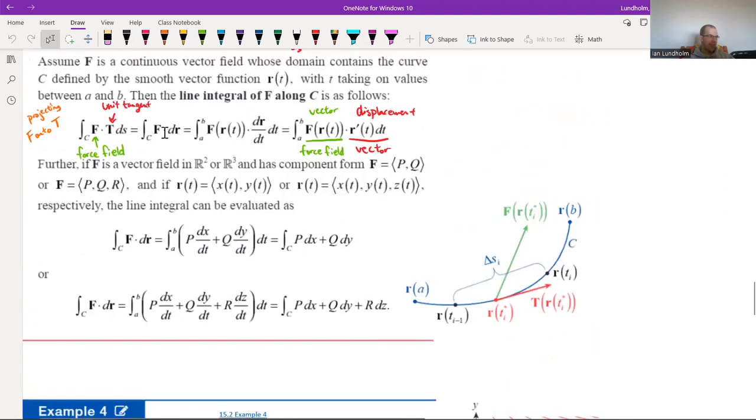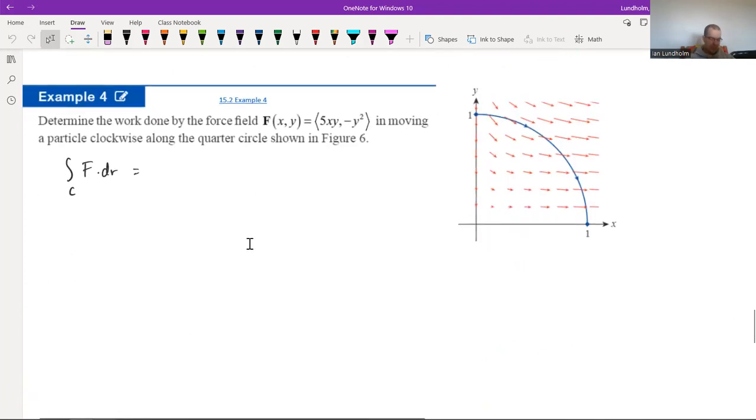But like we said before, we're going to break this out in terms of some parameterized curve r of t, and we're going to look at the force field evaluated along the space curve, and take the dot product of that with the tangent vector.